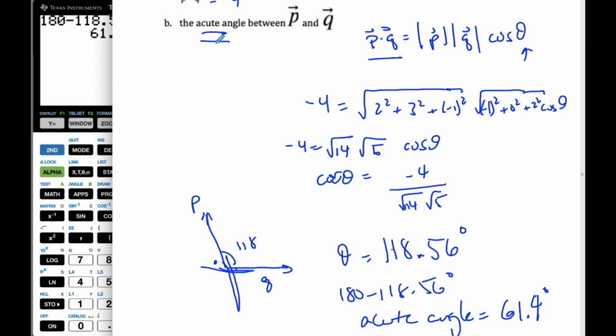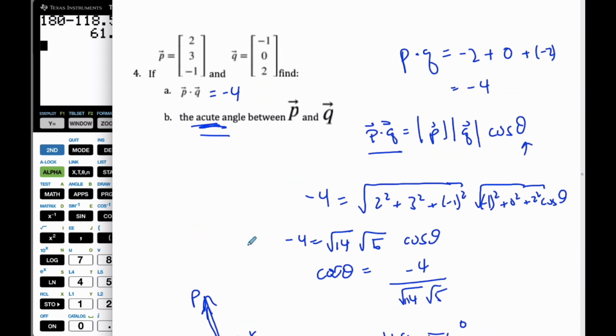Be careful of the question, it's asking for acute. And because I know vectors are going like this, here my P and Q, here's the one angle, but there's the acute angle. So using the dot product to help us find angles is really important.